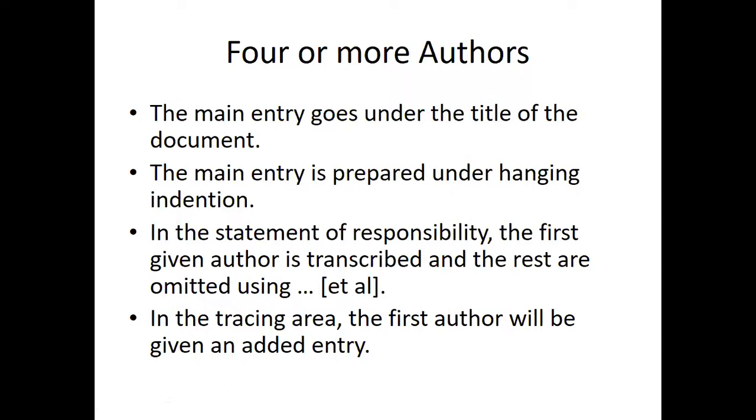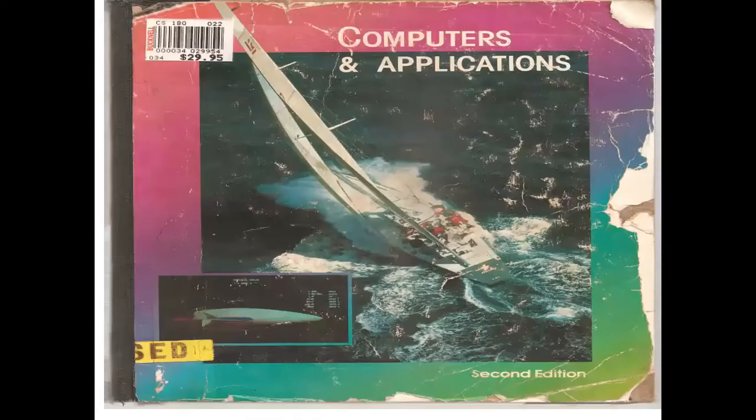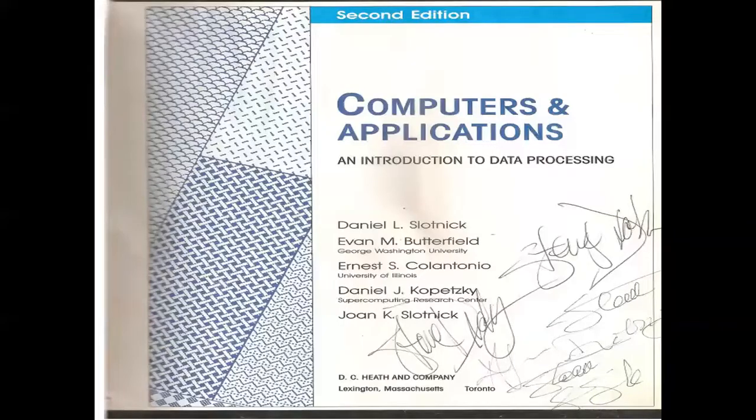So as of now, I cannot demonstrate hanging indention until I move to the entry, and allow me to fast forward from this slide. That is the book I'm using. We shall see it in detail.